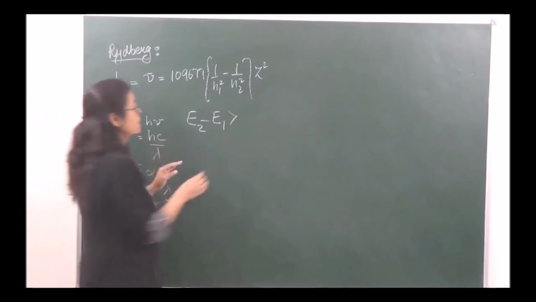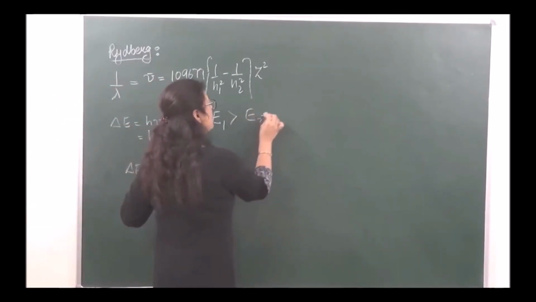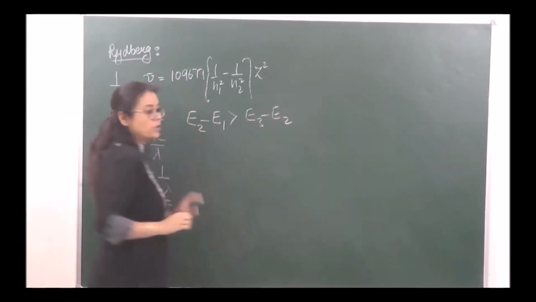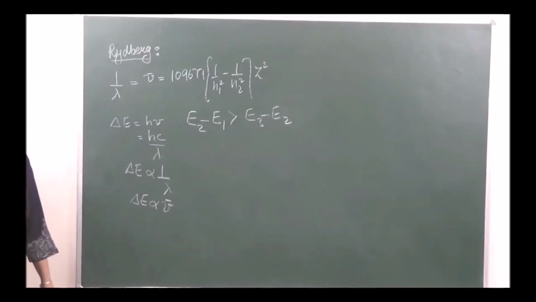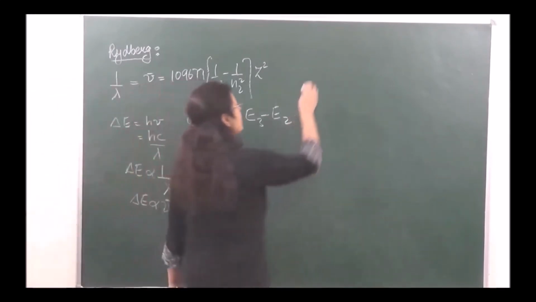And then after that the transition from E3 to E2 and so on. So this is our Rydberg equation that was explained on the basis of Bohr. Have you understood? Okay. Then the last topic over here, that is ionization energy.